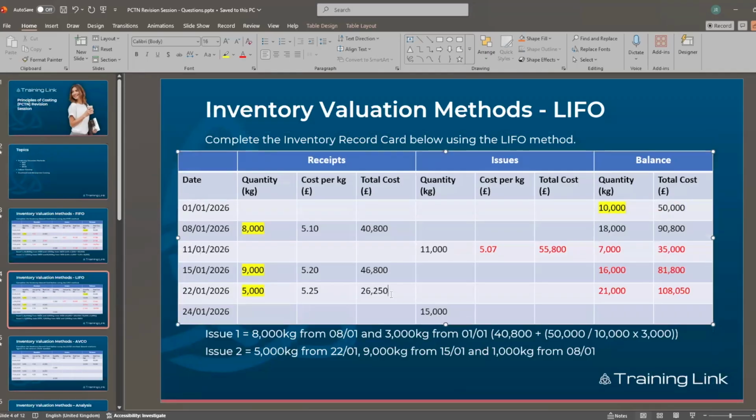So that would be 26,250, because we're going to use all of that, plus 46,800, as we're going to use all of that as well.